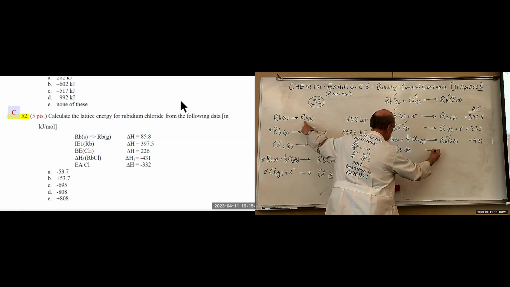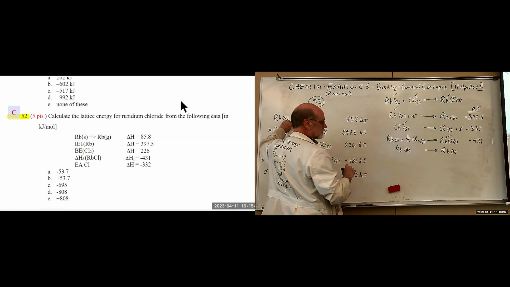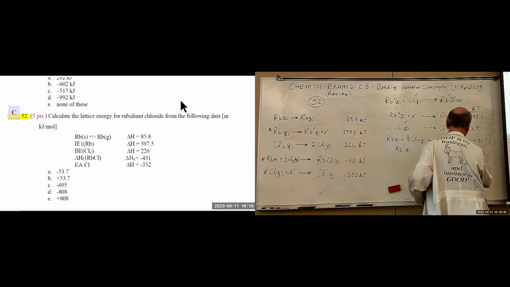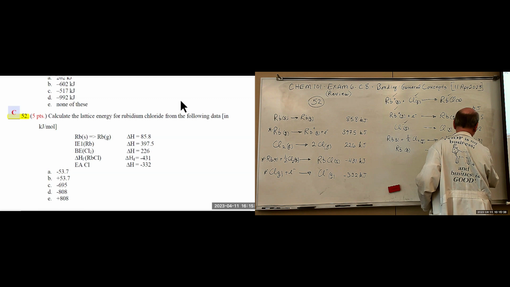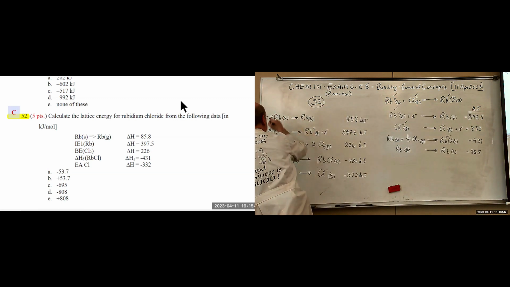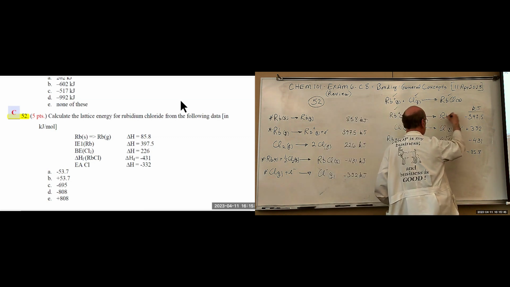Rubidium gas to rubidium solid. So we've inverted the equation. This one needs to be a negative 85.8. All right. So now we've used this one. And we've taken out that one and that one.